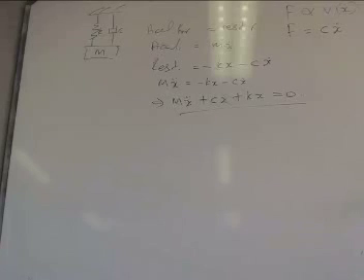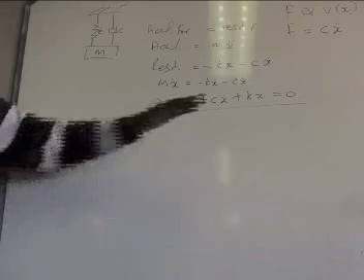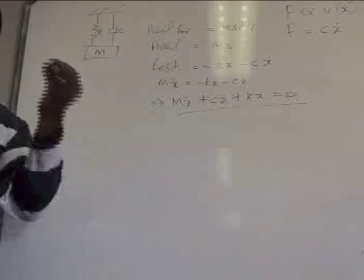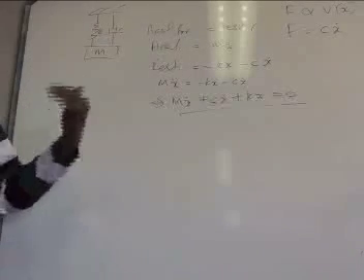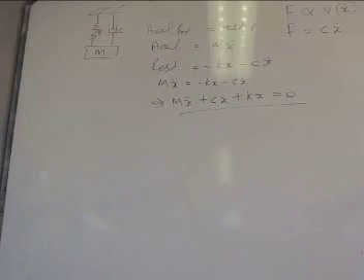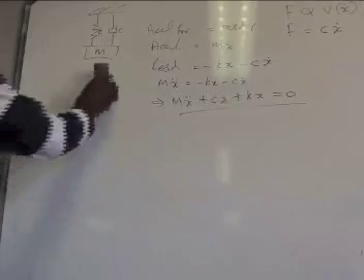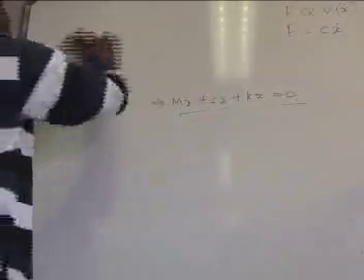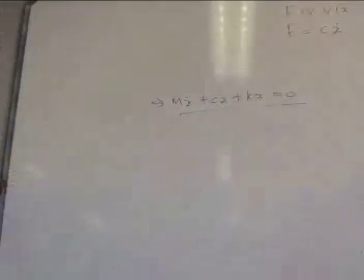Right. Once we have our equation of motion, remember what we said last time? We want to use it to extract the right kind of information that we need. And for us to do that, we analyze it.